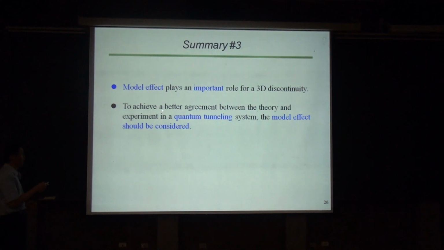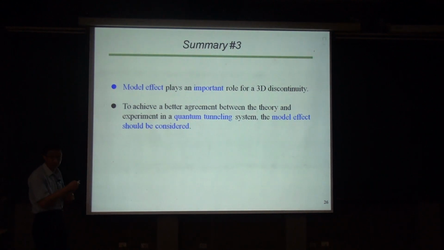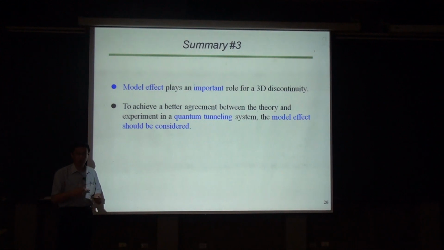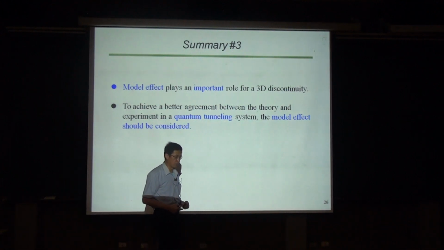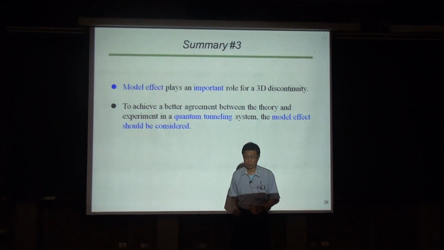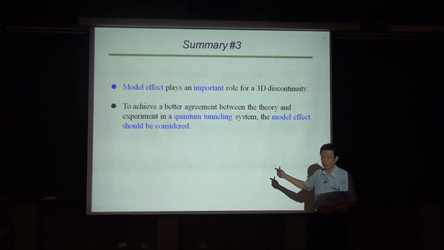To achieve a better agreement between the theory and experiment in quantum tunneling, the modal effect should be considered. What does this mean? In most quantum tunneling systems, they use one dimension because of calculation. It's not that easy. Here, I just show you a three-dimensional waveguide.